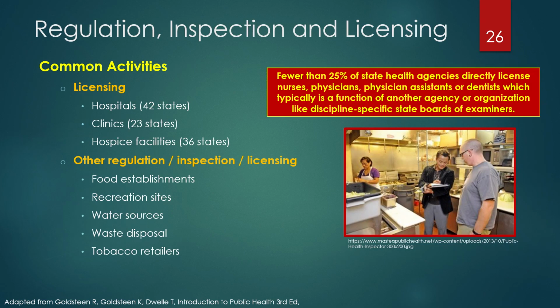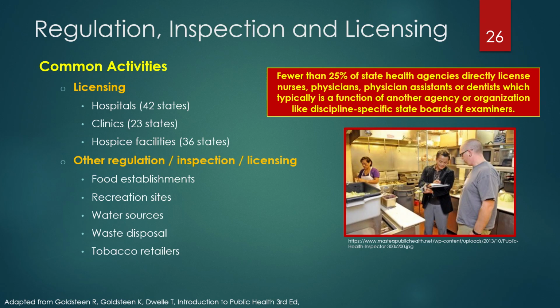Most state health agencies have some involvement, along with other agencies at the federal, state, and/or local level, in the regulation and enforcement of laws that protect health and ensure safety. Activities include inspection or licensing of a variety of public health system partners, such as entities that provide direct care, including hospitals, 42 states, clinics, 23 states, and hospice facilities, 36 states.